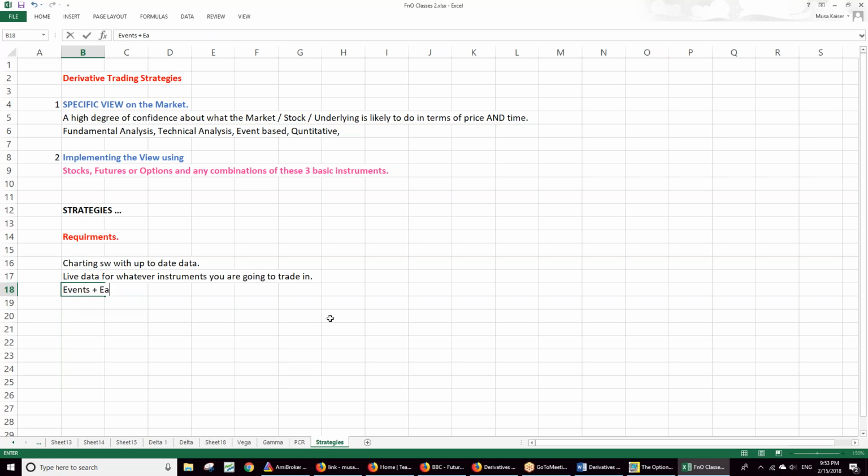An events plus earnings calendar for the next 2 months would be good. Why? Because then you know what is coming up. A lot of events and earnings are known very much upfront. It is only the unknowns, the unknowables, that shock everybody.